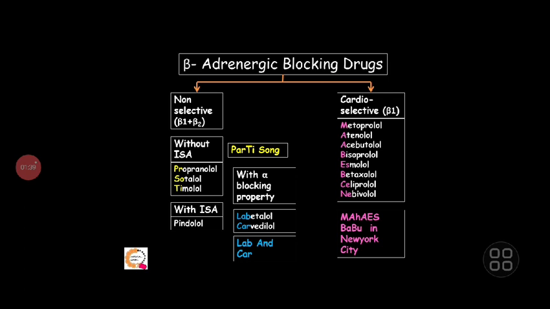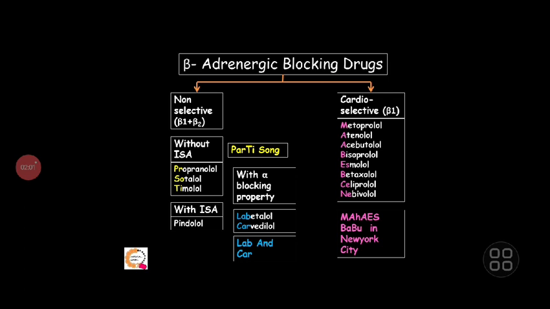So all the drugs having ISA, means intrinsic sympathomimetic activity, are partial agonists. So these are the beta blockers that can show both antagonism and agonism at a given beta receptor, depending on the concentration of that beta blocker and the concentration of adrenaline or noradrenaline.